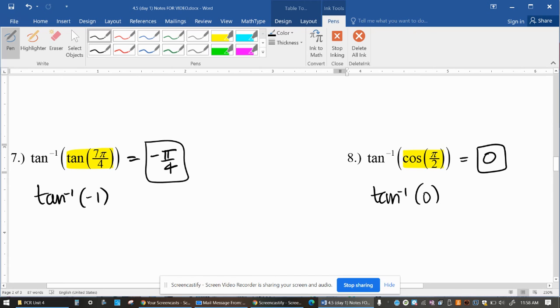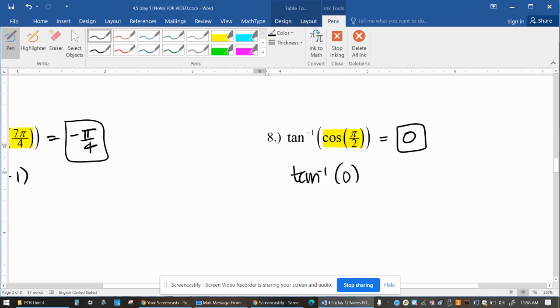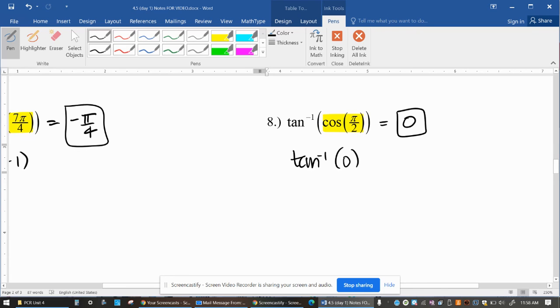And they're asking you what angle has a tangent of 0. So if you look at your possibilities within the restrictions, which are the quadrantal angles in quadrants 1 or 4, the possibilities are 0, 1, 1, 0, or 0, -1, right?